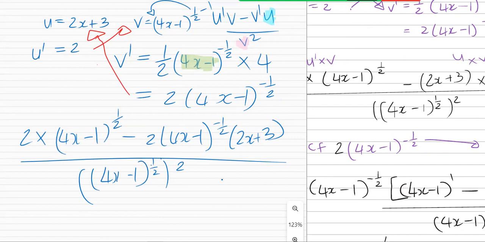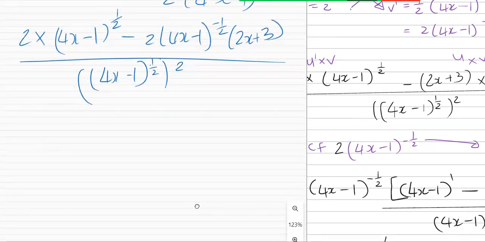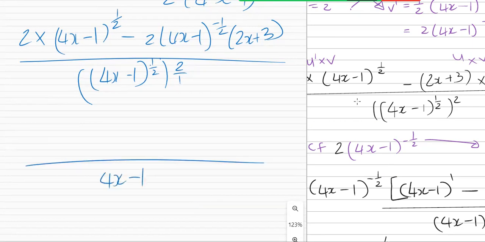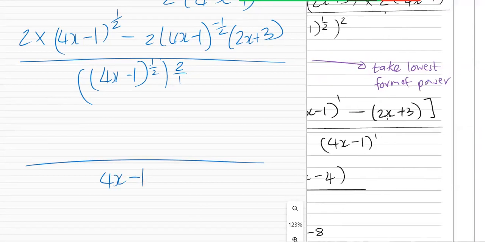When you square that, the half times 2 over 1 is just going to be 1. So our denominator will be 4x minus 1. So we have our denominator.